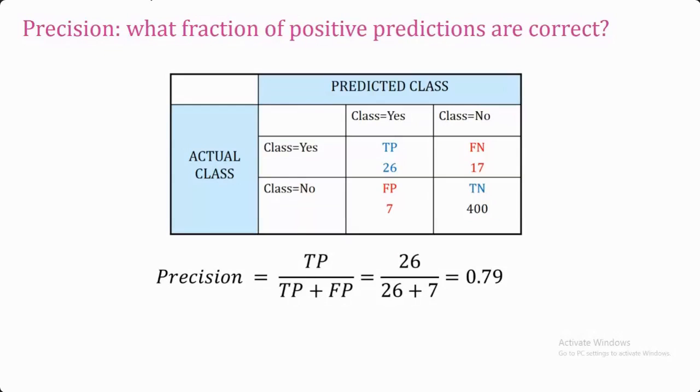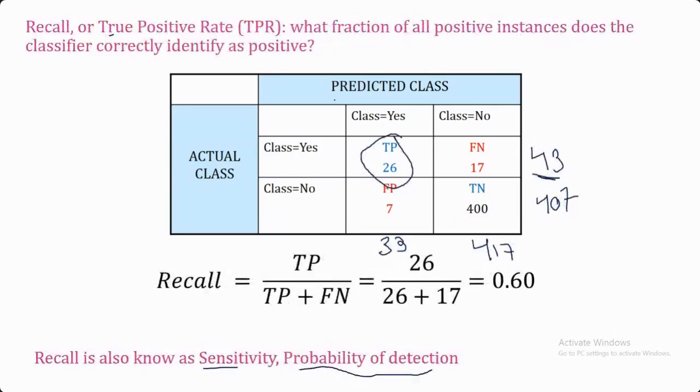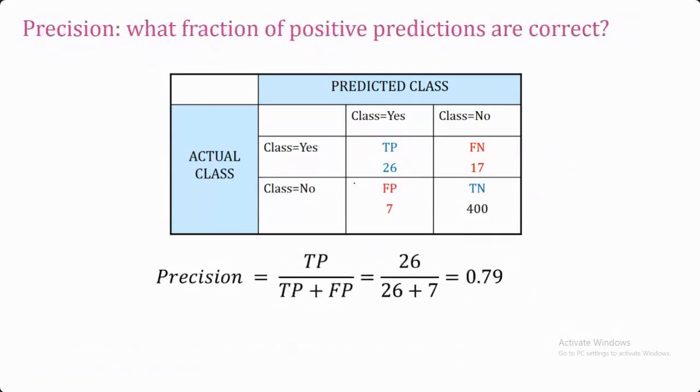Next, we are moving to precision. As recall was working with respect to the true class label, the total number of instances which were positive in your data set, precision is going to work on the total number of instances which your classifier has identified as positive. So instead of working on the row, it is going to work on the column.